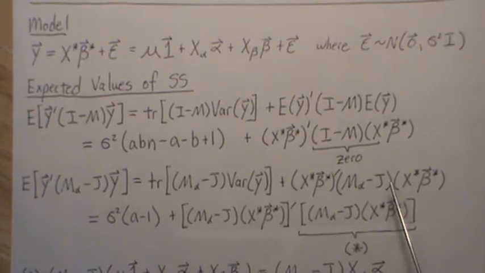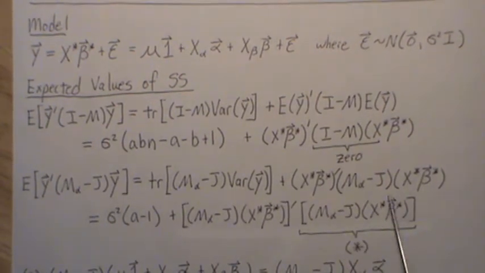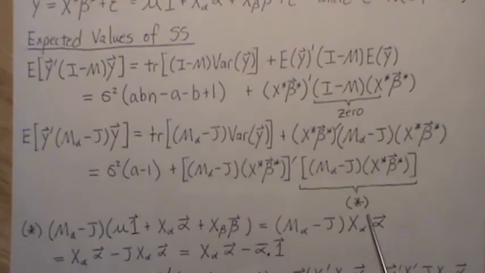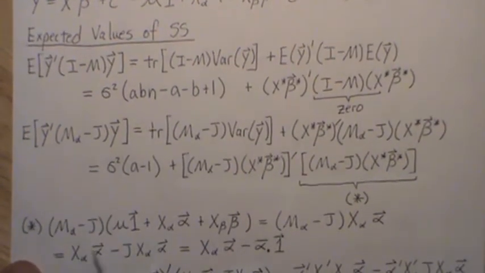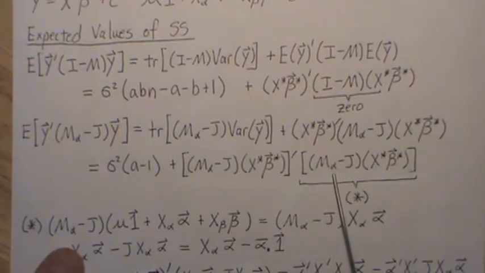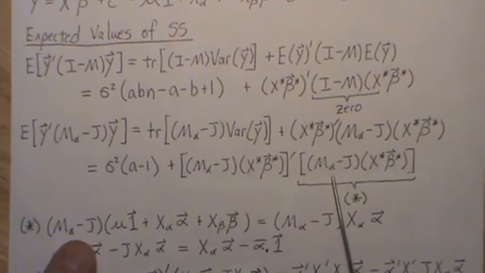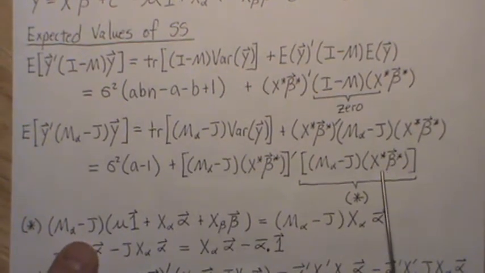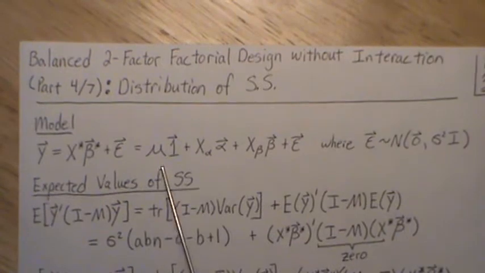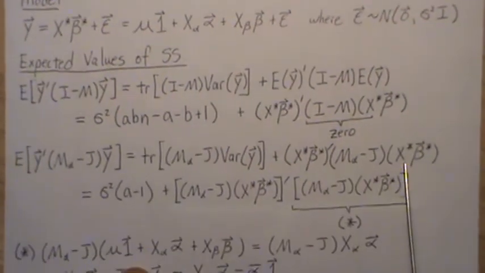Let's look at this a little further. Let's just look at what we have here, call that star, and bring it down here. So we have M alpha minus J, and we're going to expand this to what we said it was up here.